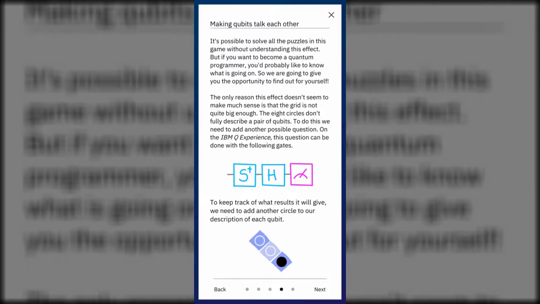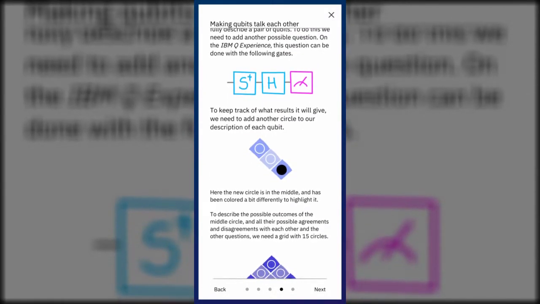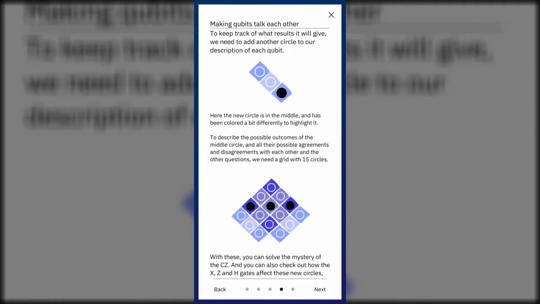To do this, we need to add another possible question, another measurement. This question can be done with the following gates: S transpose, Hadamard. To keep track of what results it will give, we need to add another circle to our description of each qubit. The new circle is in the middle and is colored differently to highlight it.